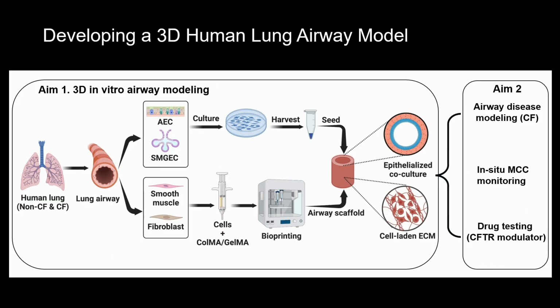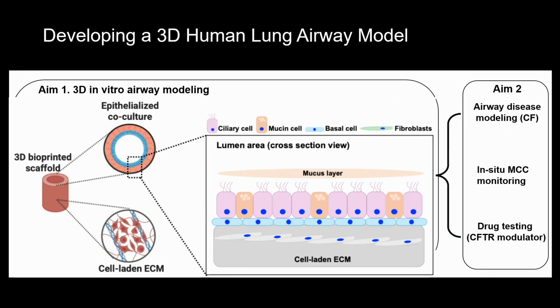Next, we seeded the inner lumen with patient-derived airway epithelial cells from both CF and non-CF donors, respectively. And we cultured them under air-liquid interface conditions and allowed them to differentiate into functional, ciliated epithelium, closely matching the human airway.